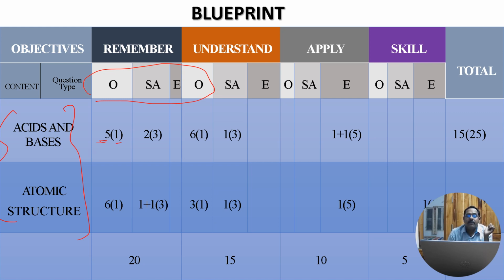So 5 questions of 1 mark, 6 questions of 1 mark, 2 questions of 3 marks, and here we have 1+1 questions of 3 marks. What does the +1 mean? The +1 means the choices. Here also I can see choices. We are giving +1 choice, so there is a choice in that. You can see the totals have come to 20, 50, 10, 5.